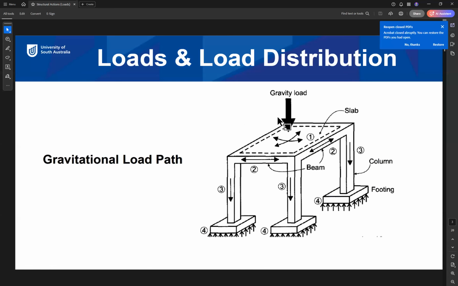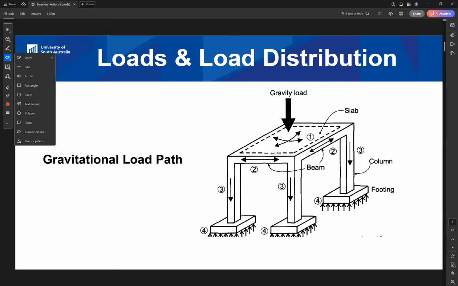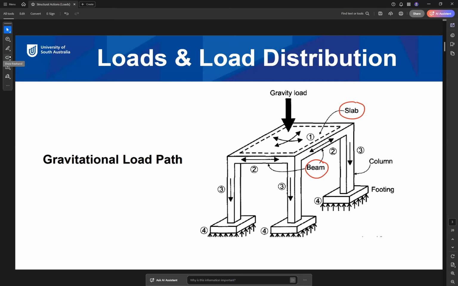In last week's lecture, we started with the load and the load distribution, and how the loads are transferred through a building. For example, if we look at this very simple building with a slab, the slab transfers the load to the beams, and we have four columns, footings, and finally the soil.